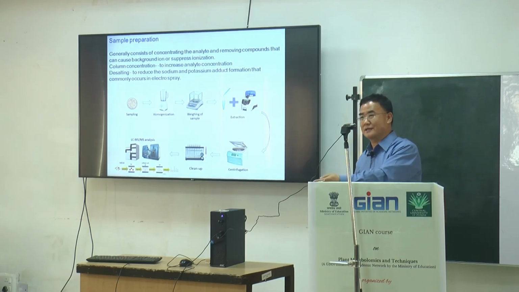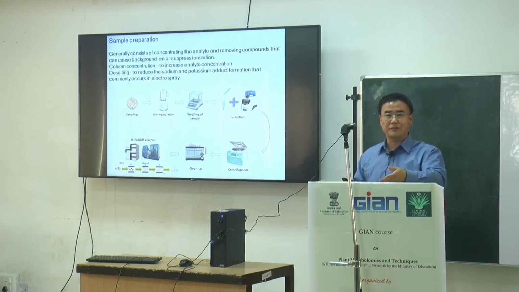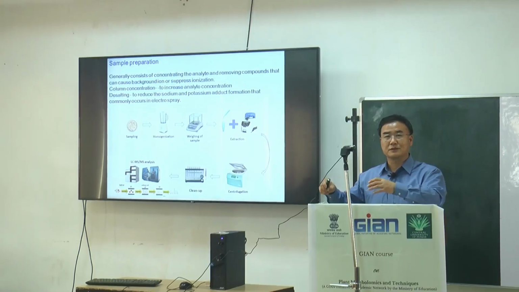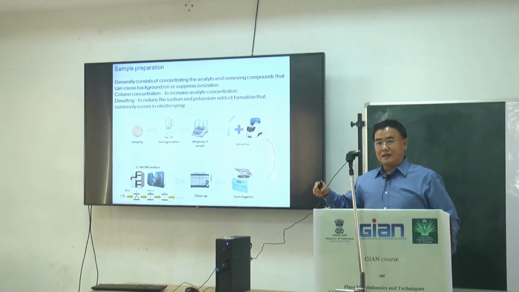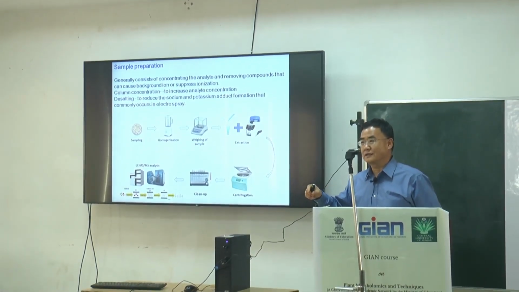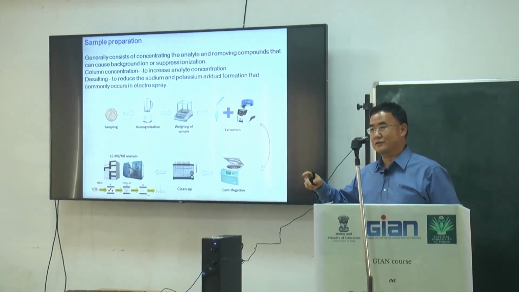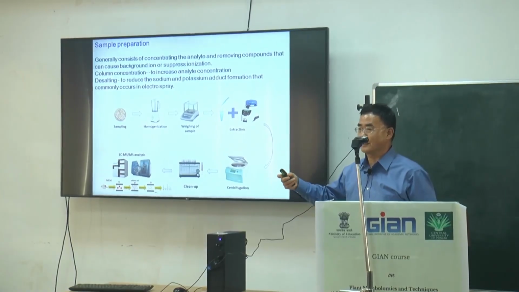Just as yesterday I said, the seeds are very different from the leaf, and the leaf is also very different from the root. Extracting protein or metabolite from the root is much more difficult, I think, because there is a lot of water, right?